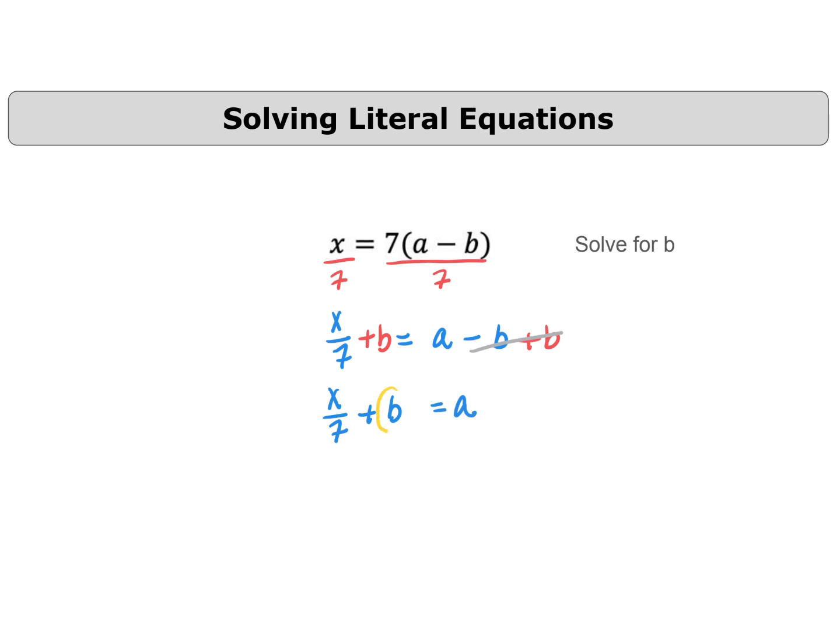So then to get the b by itself, we would need to subtract the x over 7 from both sides of the equal sign. Then we would have just b on the left side is equal to a minus x over 7. And that would be our equation solved for b.